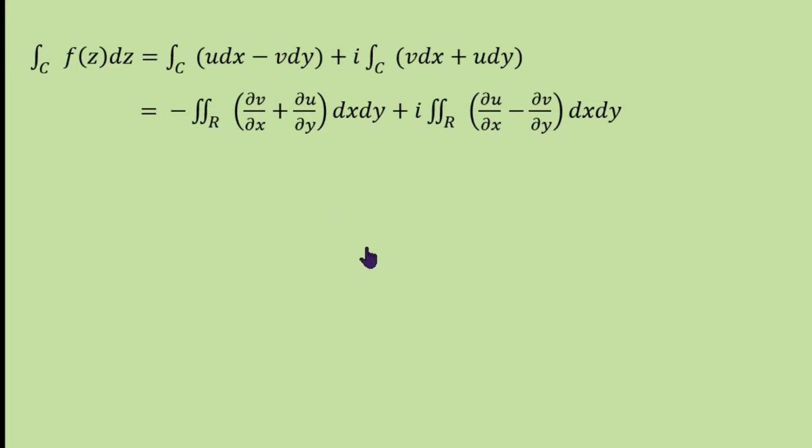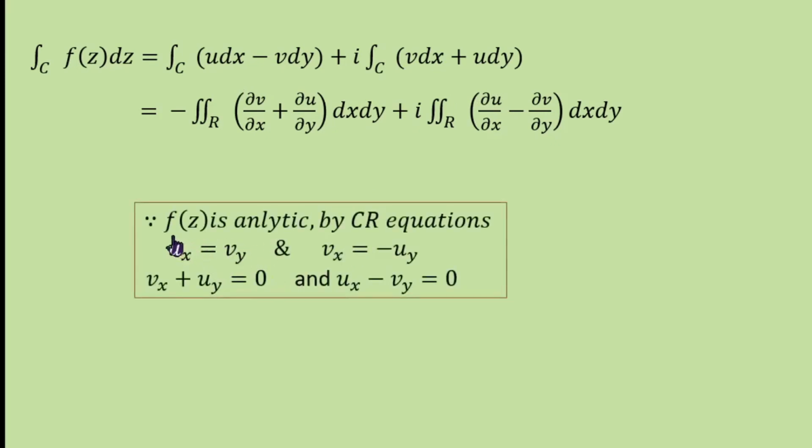But given that f of z is analytic, by the Cauchy-Riemann equations, CR equations, u x equals v y, that means dou u by dou x equals dou v by dou y, and v x is minus u y. Take this minus u y to the left side.